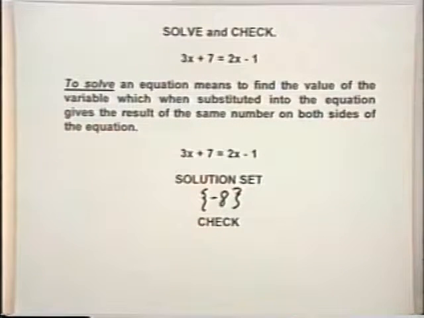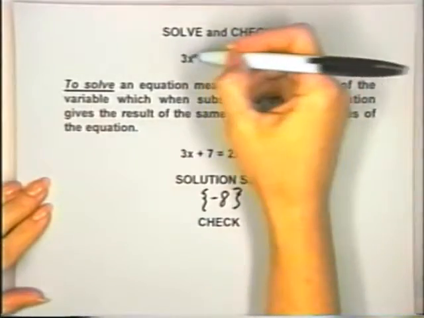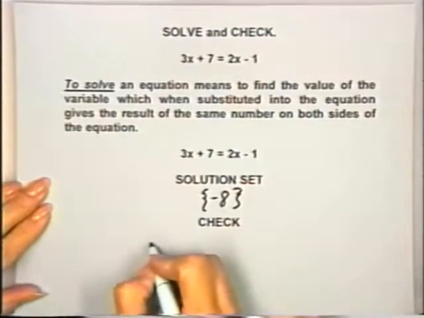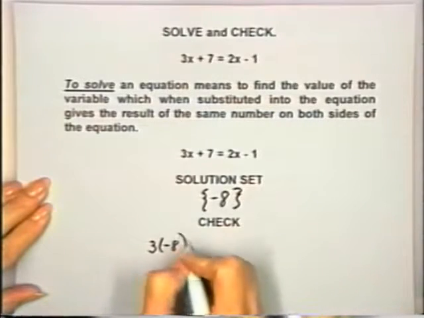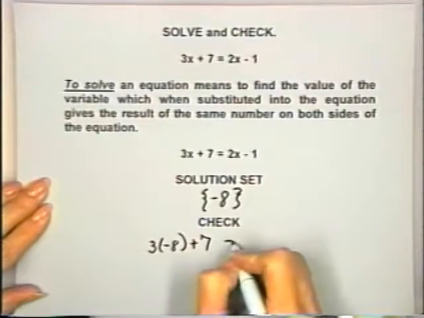If we want to determine if -8 is the solution, we can check by substituting the -8 in for each x in the equation. We would have 3 times -8 plus 7.